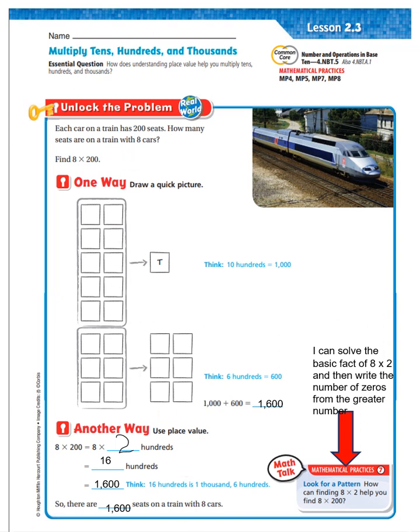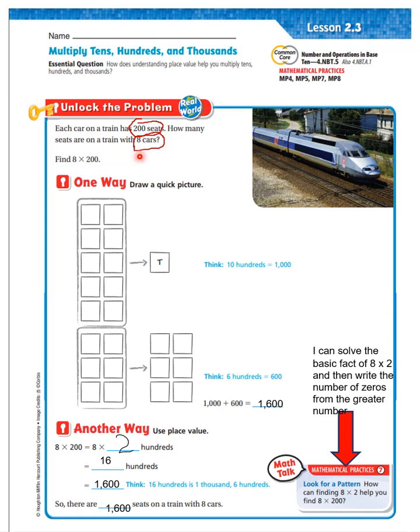And it says it is 8 cars long. I'm going to circle that. How many seats are in each car? There are 200 seats. So there's your important information. Now it's asking you to find 8 times 200 to find out how many seats are on a train with 8 cars.